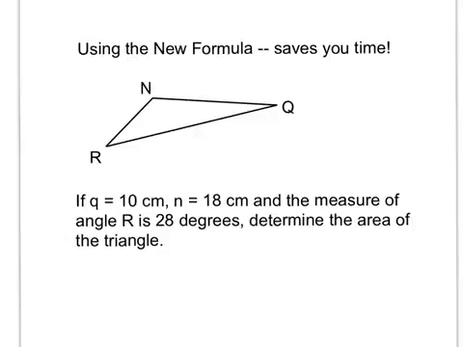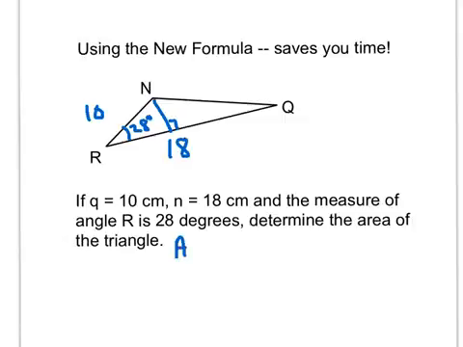Now I want to use the new formula to solve some questions. In this case, Q is given as 10, N is given as 18, and the measure of angle R is 28 degrees. Now I could draw in the height and calculate it, or I can just use my formula.